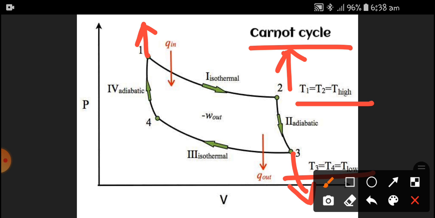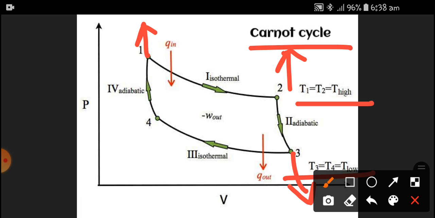The efficiency is always less than 100 percent. You can be assured that the efficiency of any cycle is less than 100 percent. The efficiency is the same for all reversible engines with the same temperature limits. All the ideal cycles depend on the temperature limits. They do not depend on the working fluid.